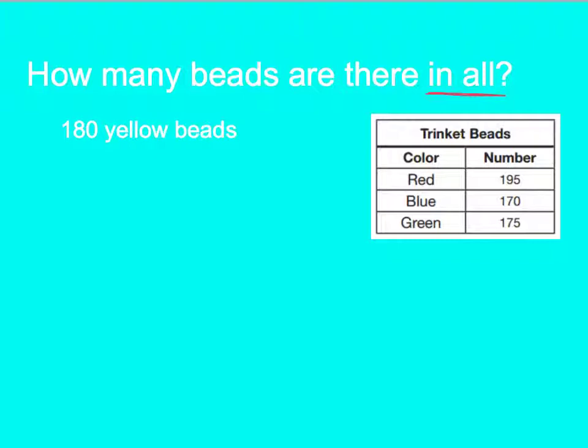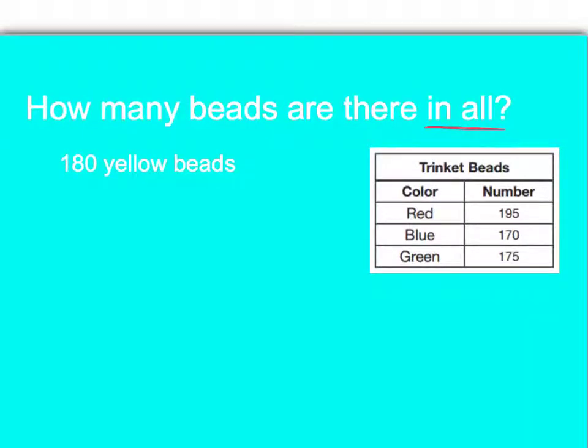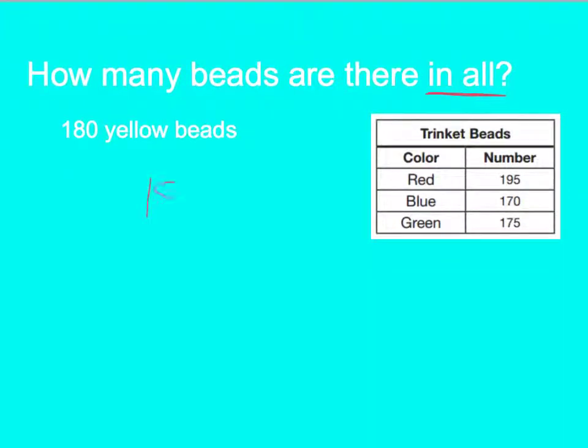We need to find the sum of all 4 numbers. So I'm going to write those out: I have 180 yellow beads, 195 red, 170 blue, and 175 green. So we're going to find the sum of all 4 numbers.